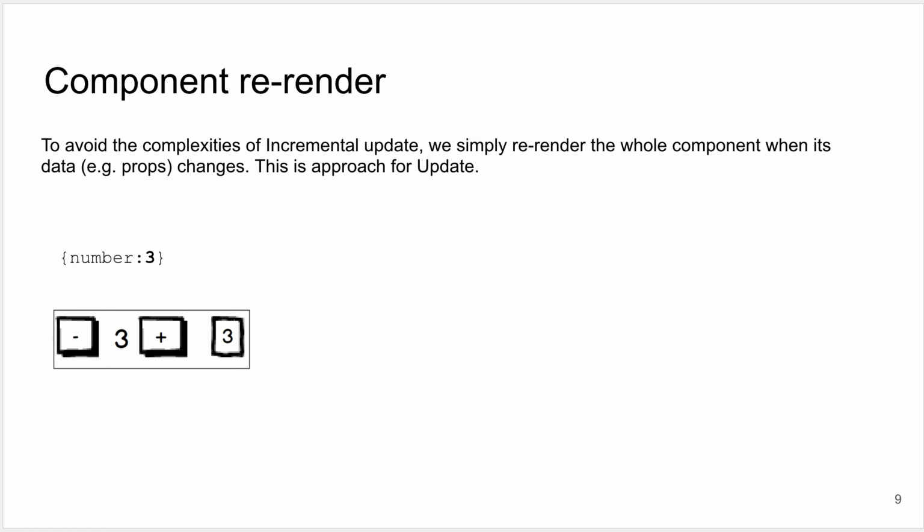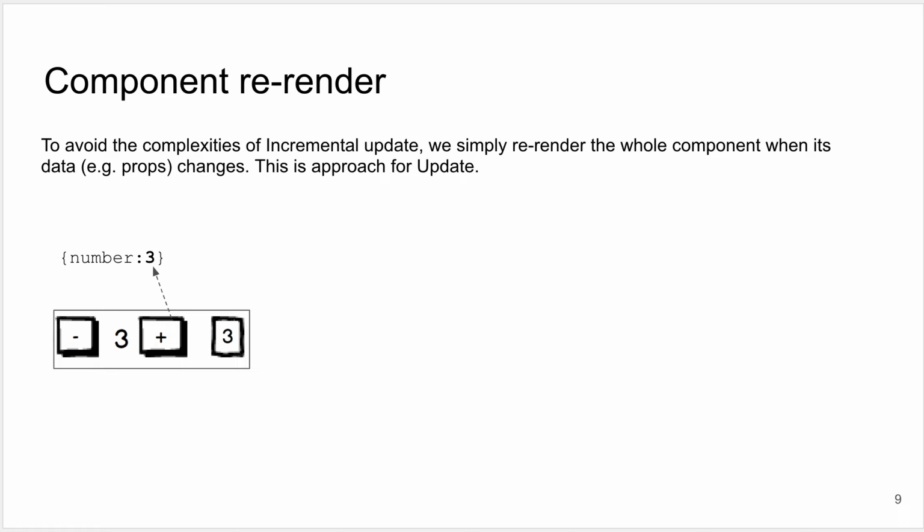The alternative to incremental update is to re-render parts of the tree, such as components, completely. Basically, when some event comes, we see that some data is changing, like the props of the component are changing, which tells us that the component is not up to date anymore.